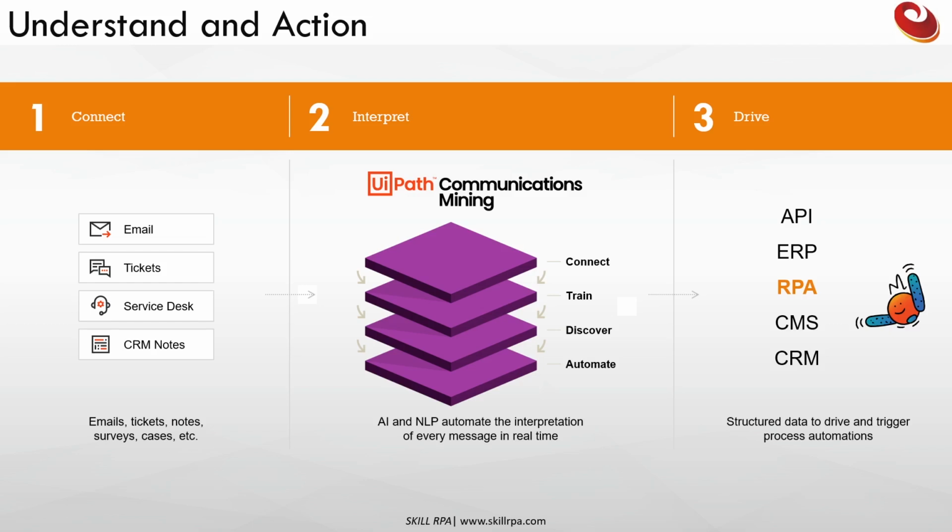We have a pre-built integration to Microsoft Exchange, and we can use UiPath robots also to input the data into communications mining. Also, an API is already available, which we can leverage to ingest the communications from any of the applications.